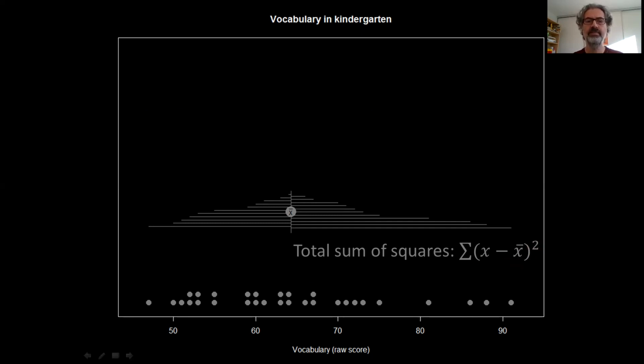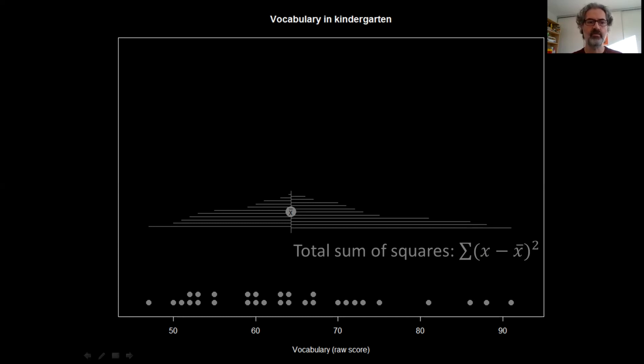Let us think a little bit about what this means. One useful way to think about this is as the total deviation. Actually, it is not correct to think about this as a sum of distances because there is a square going on.